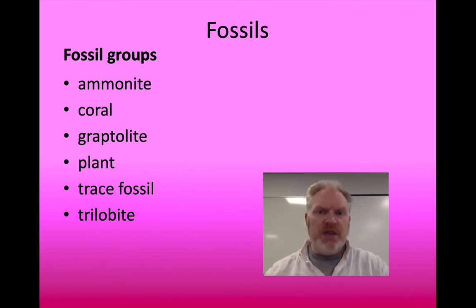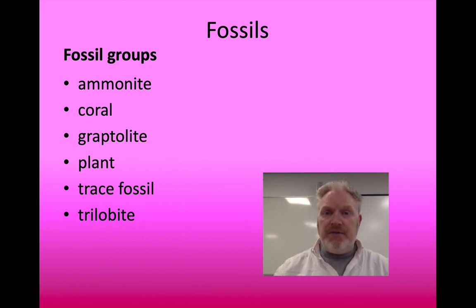Burrows, footprints, feeding trails, even fossilized poop, what we call coprolites. And finally then, very distinctive trilobites. Trilobites are arthropods. They've got segmented, flexible exoskeletons, split into 3 parts, hence the name trilobite. You really can't confuse a trilobite for anything else.